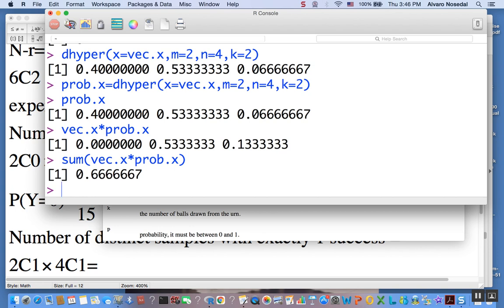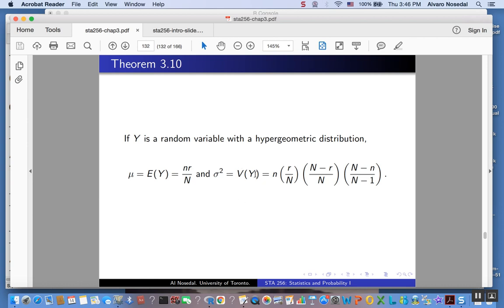Now we have a formula as well for the probability mass function, meaning the formula that would give you the probability for a particular value of the random variable, and we also have formulas for the expected value and the variance as well. Later, if you want, you could try for our example to compute the variance step by step, and then use the formula to make sure that it works.